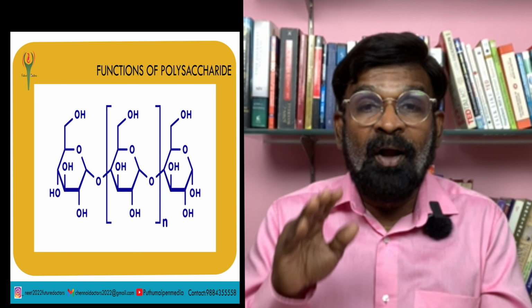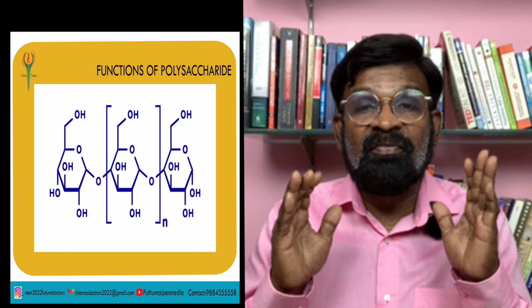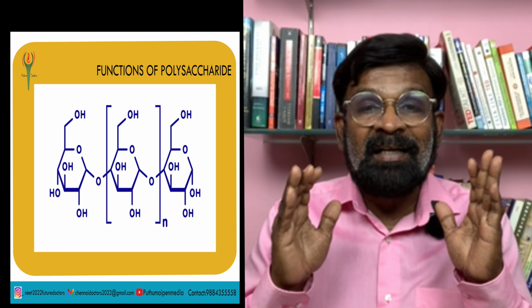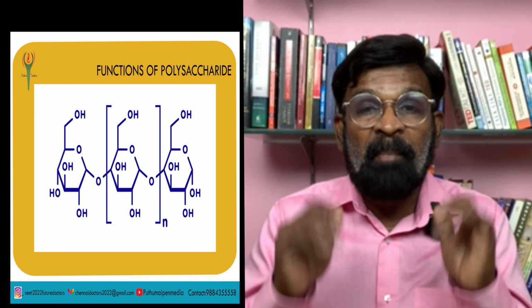Next slide: polysaccharides play multiple functions as described. Number one, they act as structural components in the cell wall of plants, certain fungi and protists, for example cellulose and chitin. They help in anticoagulation and prevent blood clotting inside the vessels, for example heparin.